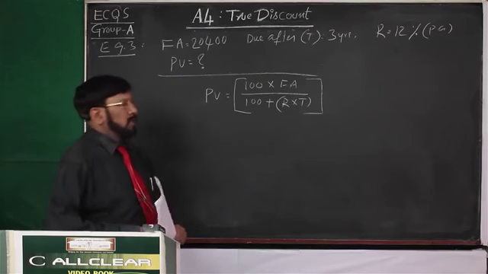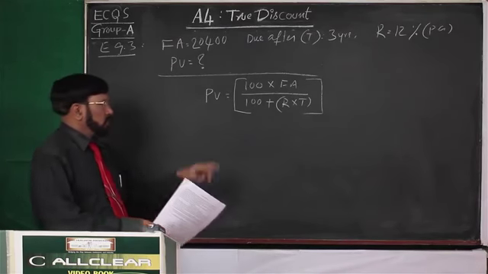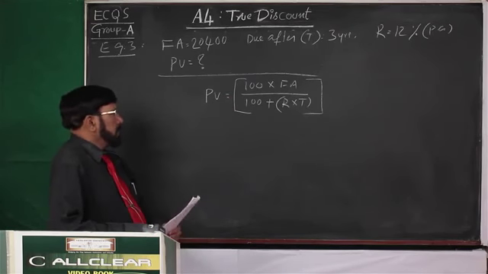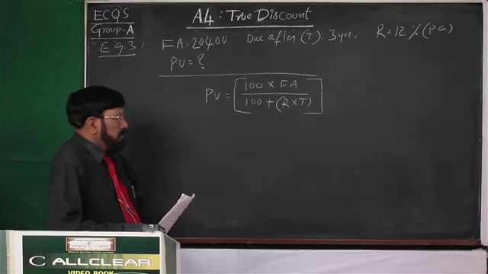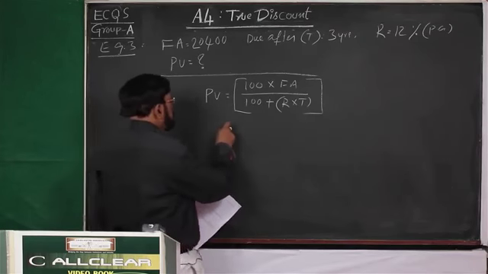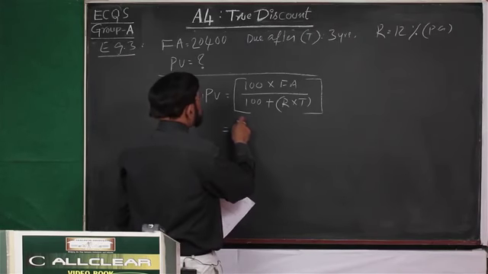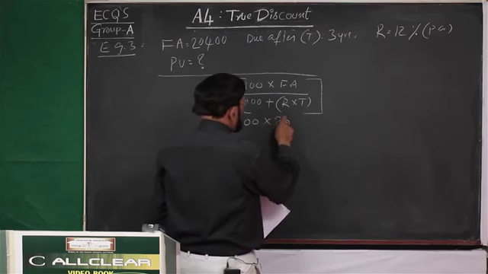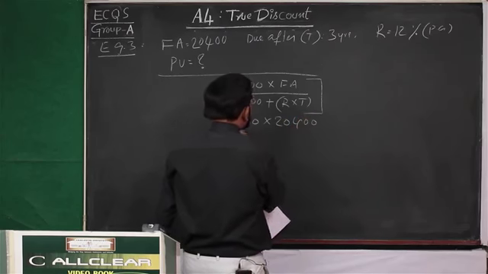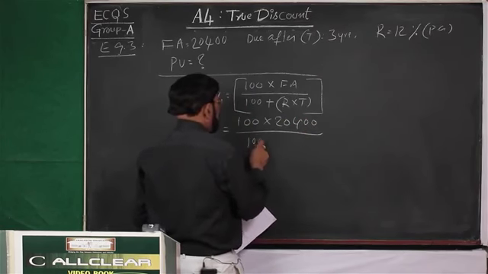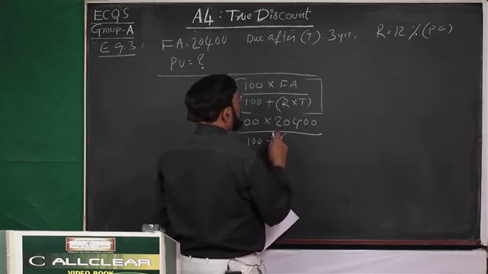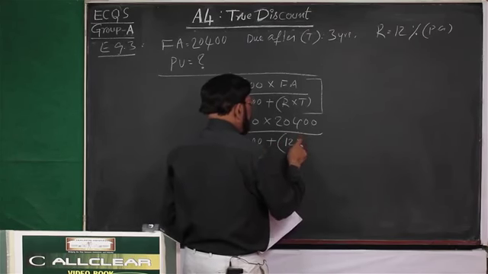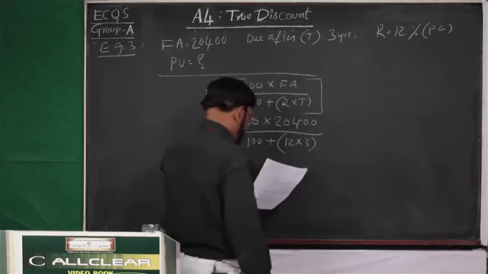Now you know the formula. PV is equal to 100 into future amount by 100 plus R into T. Now let us substitute the given values. This is 100 into 20,400, by 100 plus rate of interest 12% and time 3 years.